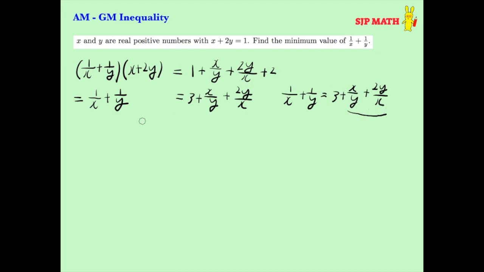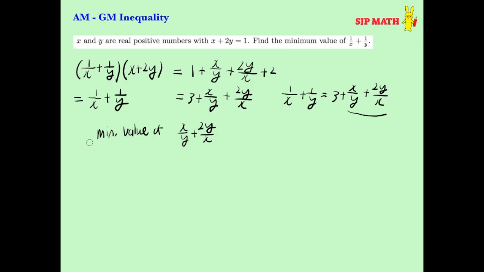So we have to look for the minimum value of x over y plus 2y over x. So let's use the AM-GM inequality now.